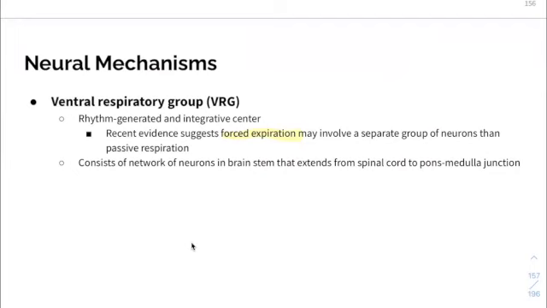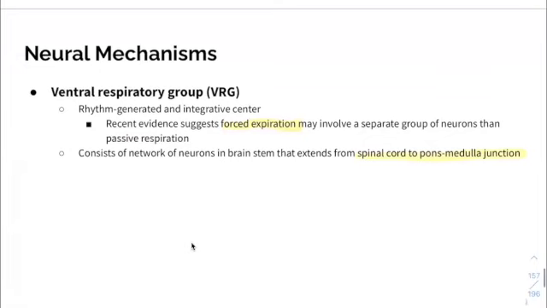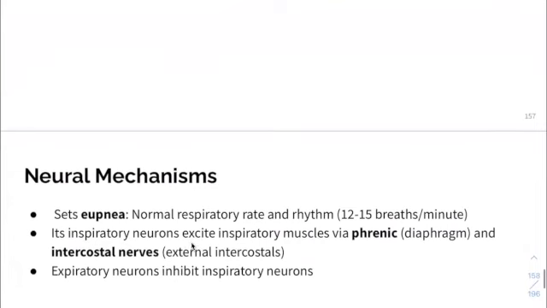So we do have separate neurons for forced expiration versus passive expiration. They do lots of really cool studies sometimes. So that ventral respiratory group goes from the spinal cord to the pons-medulla junction to control breathing.